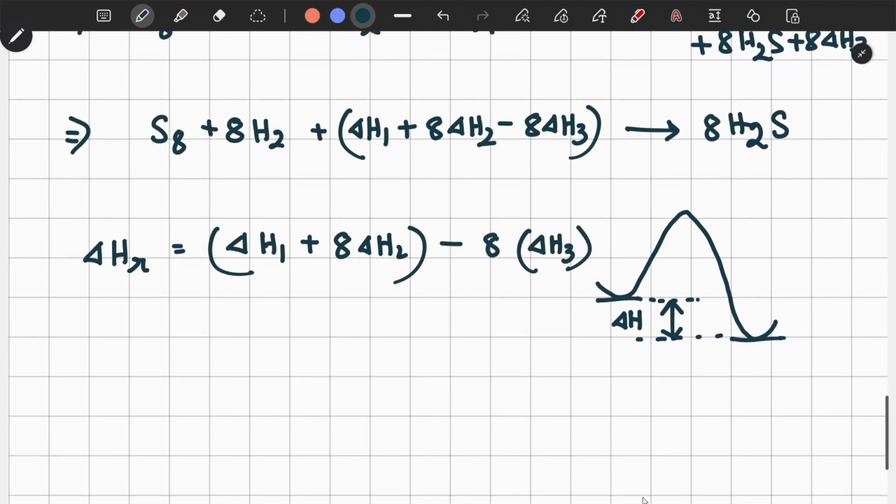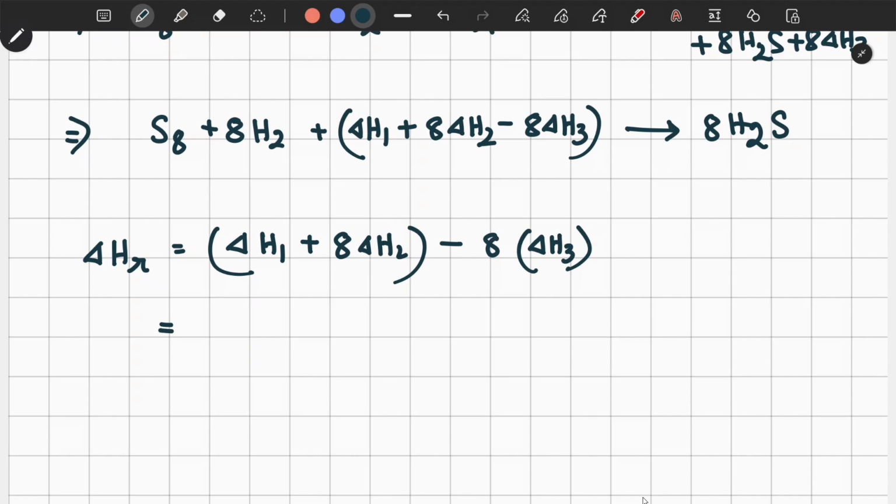If delta H R is negative, that means it is an exothermic reaction, correct? And if delta H R is positive, that means it is an endothermic reaction. Now you don't know whether it is exothermic or endothermic. I should not draw it like this; we have to calculate it first.